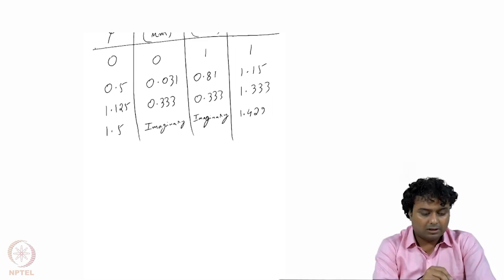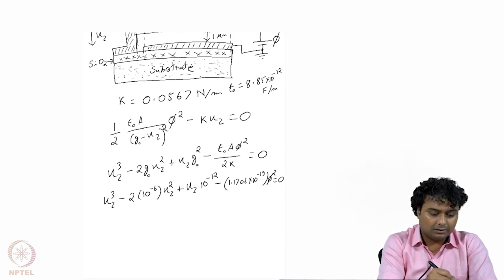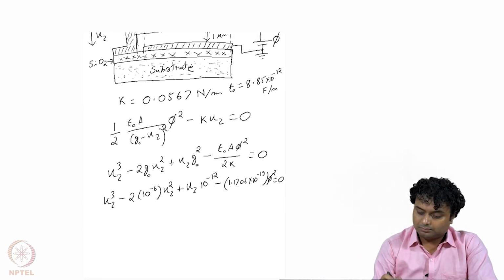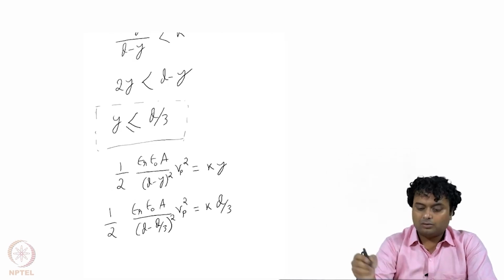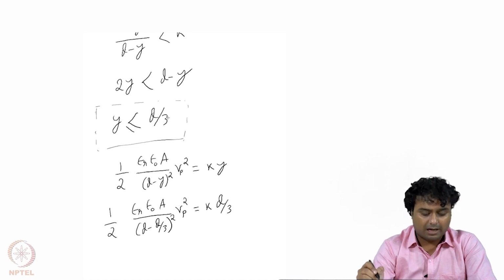So now we will calculate the pull-in voltage, and for pull-in voltage we already know from this expression that the deflection will be less than or equal to gap by 3, or 1/3 of the gap, right.